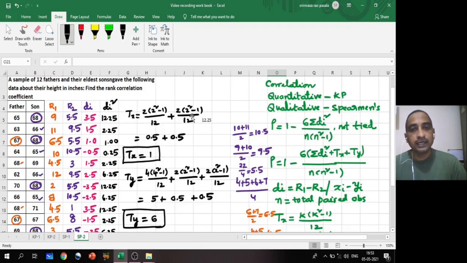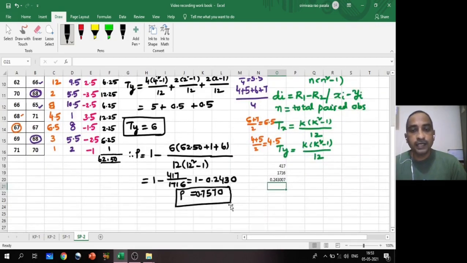That's why we calculate tx and ty and summation di square and substitute in the formula. We get the answer 0.7570, which tells us the two variables are moderately correlated. Thank you.